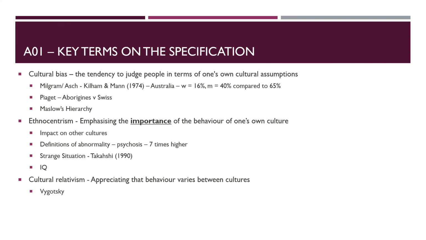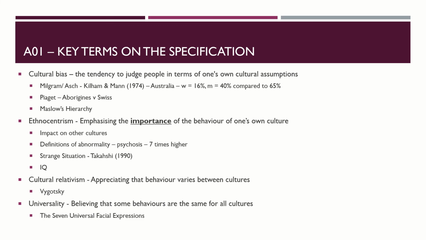Okay, so that's the opposite, or the salve for cultural bias, acknowledging that behaviours vary between cultures. And if we do that, then hopefully we will develop universal theories and research as well. So universality is the belief that some behaviours are the same for all cultures.